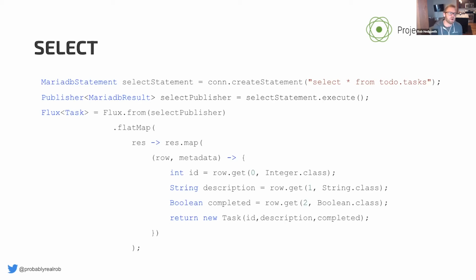And then we're using some Project Reactor, which is something that is added as a dependency to the MariaDB driver project, but isn't necessarily something that would have to be used, of course, within any other connector or driver implementation. It's simply an implementation of the Reactive Streams API.